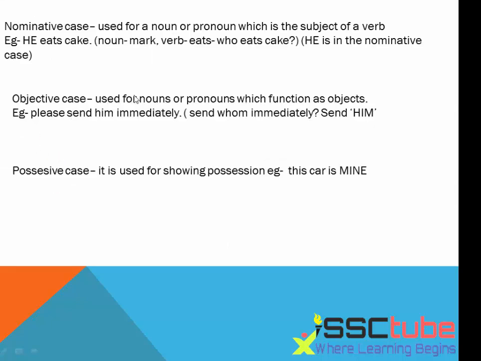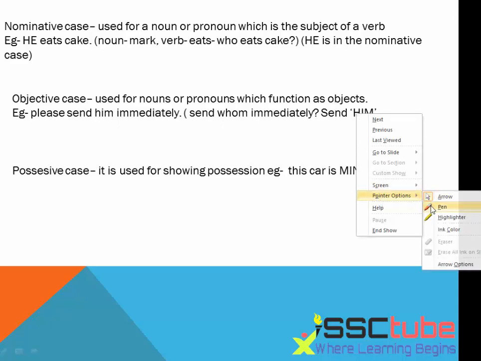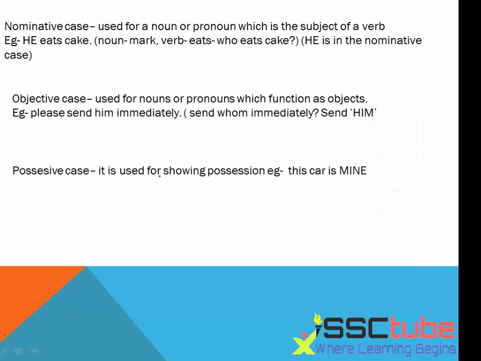Then what is the objective case? It is used for nouns or pronouns which function as objects. For example, please send him immediately. Ask a question: send whom immediately? Send him immediately. So here him is in the objective case. Now the possessive case. It is used for showing possession.